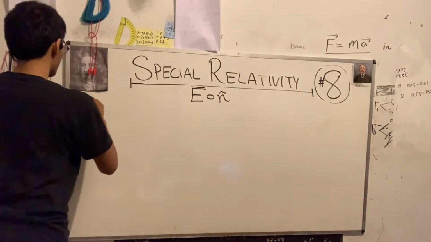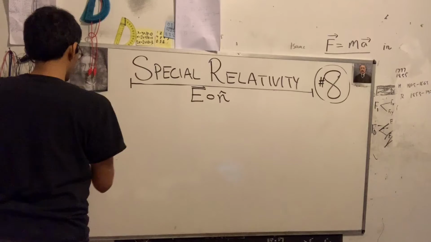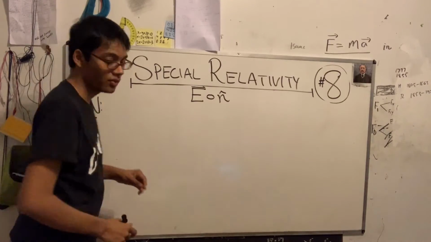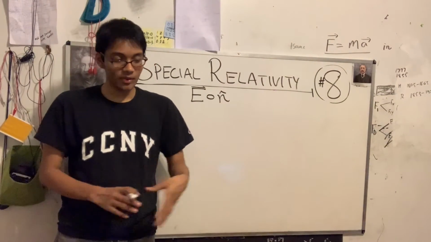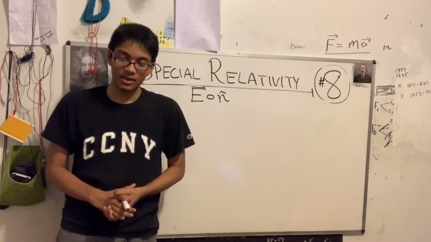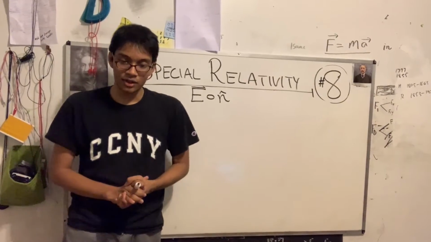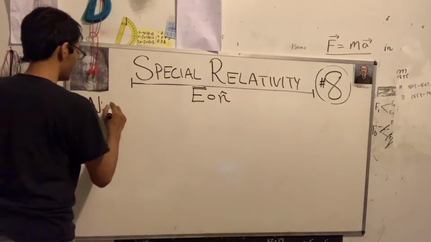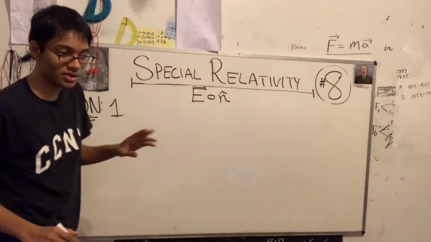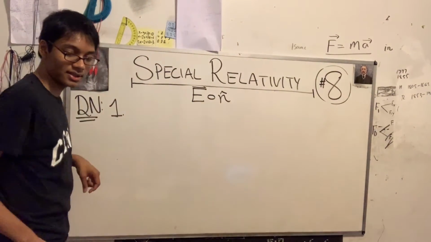I want to begin with a simple do now, which asks the following questions. Number one, why don't you go ahead and set up physics here? Right. So number one, what is the electric field? Just go ahead, set up your physics.